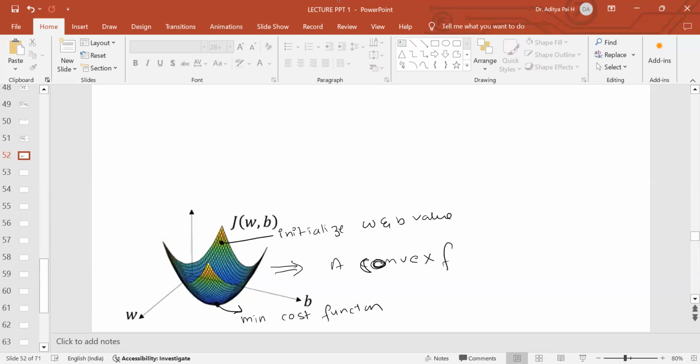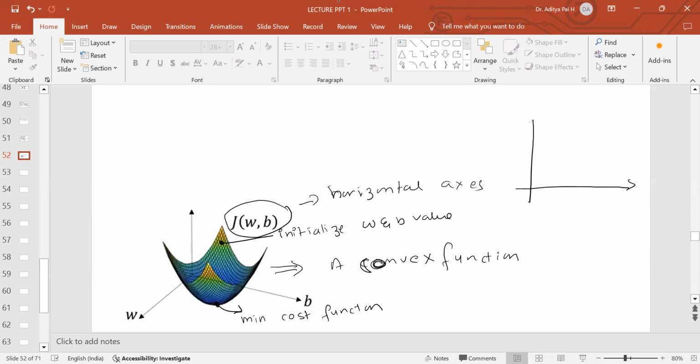You can see this J of W comma B is a surface above the horizontal axis, that is W and B.